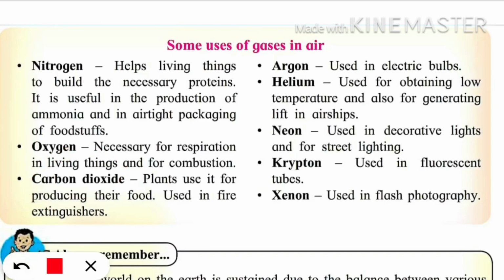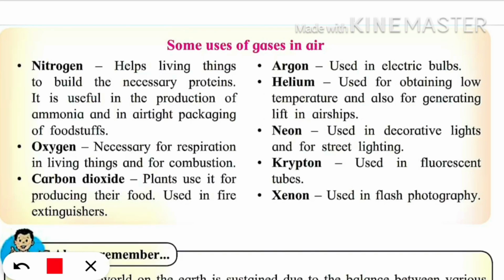Now next, oxygen and carbon dioxide. Oxygen is necessary for respiration in living things and for combustion, you know that. Carbon dioxide is used by plants for producing their food, and in fire extinguishers. Now the next is argon, used in electric bulbs.